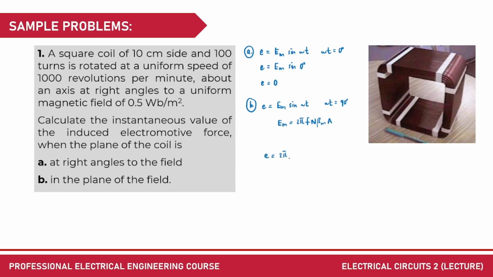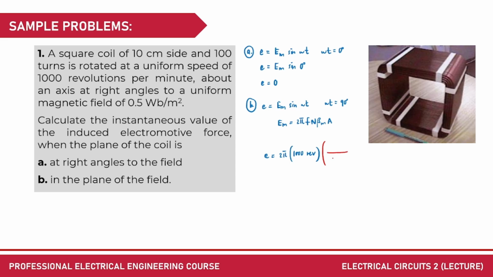It's now 2 pi, and then the frequency was 1,000 revolutions per minute. But you have to convert this to frequency, to hertz.